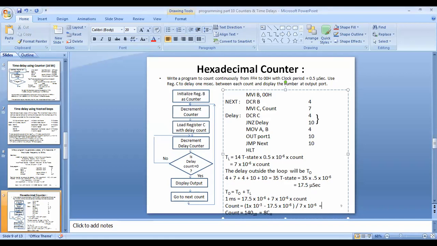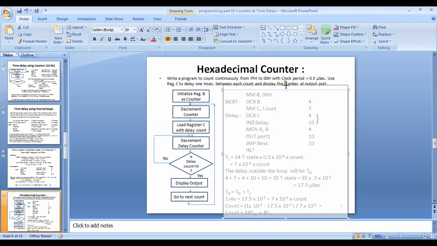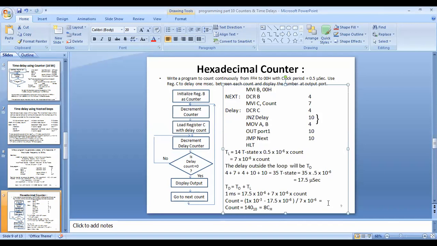This calculation we have to do: 1 into 10 to the power minus 3 minus 17.5 into 10 to the power minus 6, upon 7 into 10 to the power minus 6, will be equal to the count value.